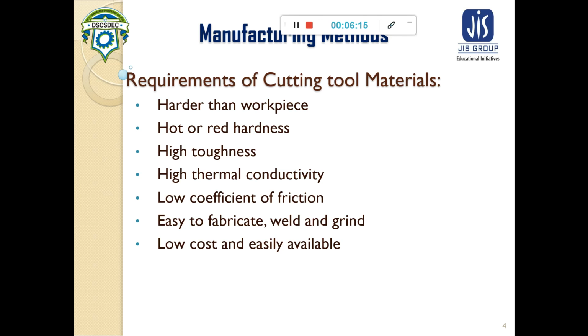If a material fulfills all of these conditions, then we can make a cutting tool. We can shape that material to the specific shape by grinding to have a cutting tool. So these are the requirements to be a cutting tool material.